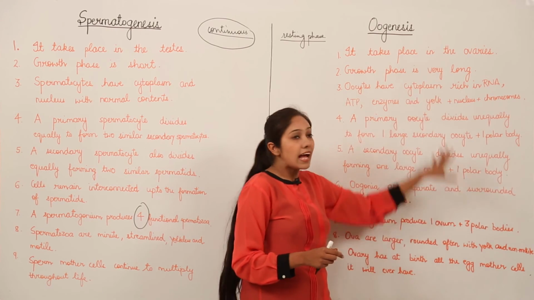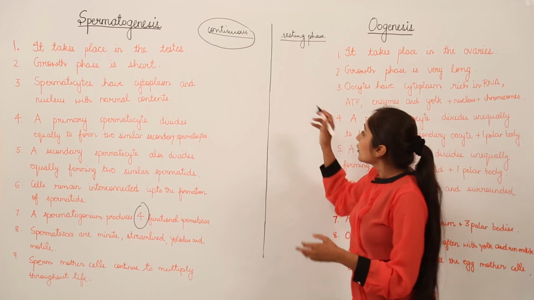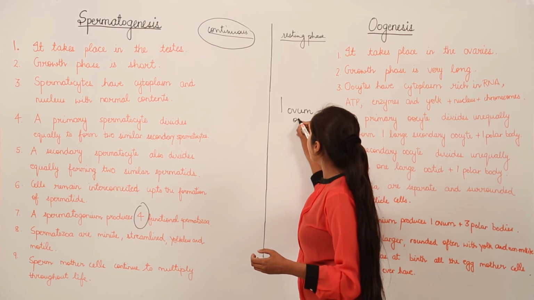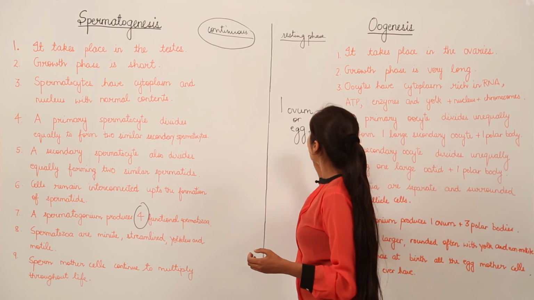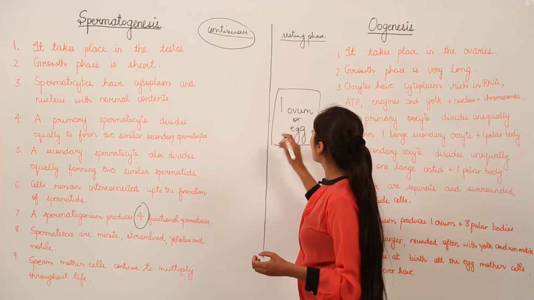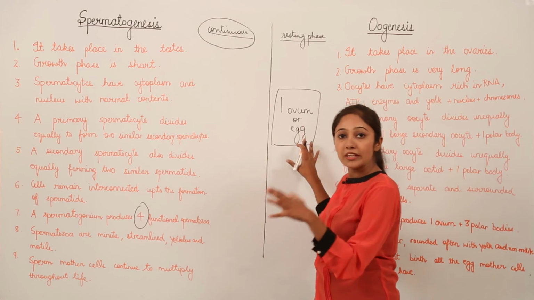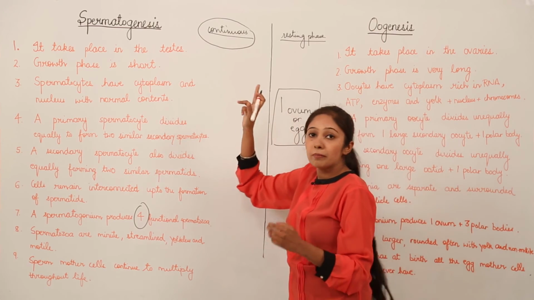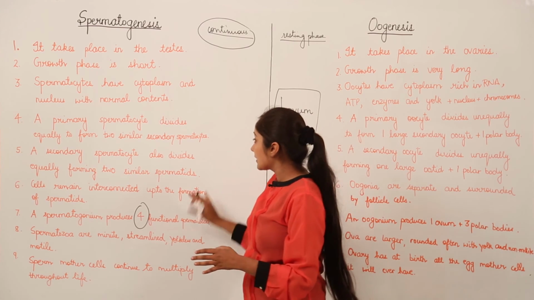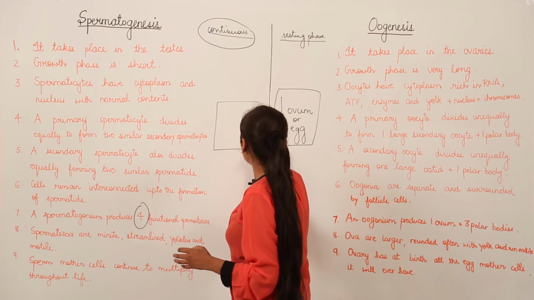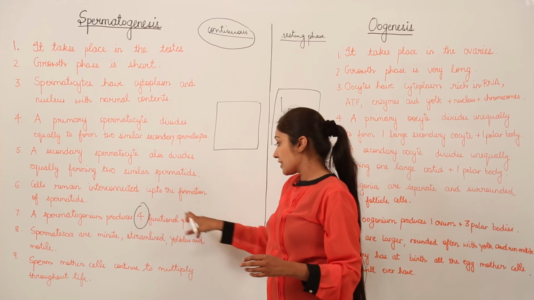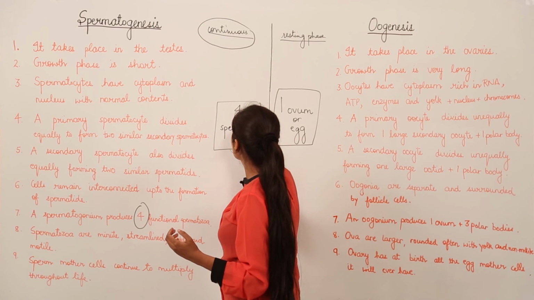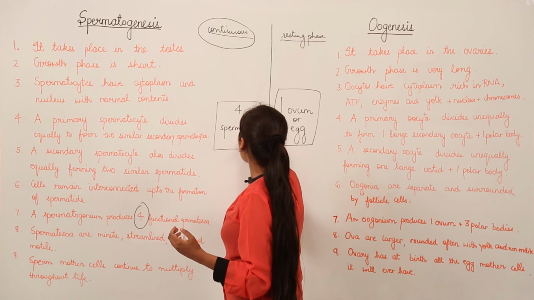So as a whole we can summarize that only one ovum or egg is going to be produced after this complete process. But in spermatogenesis, you all must remember that we will have 4 spermatozoa. But what about the other cells?